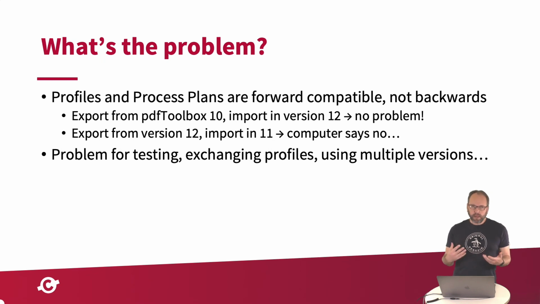And of course, if you have to maintain multiple versions of pdfToolbox for some reason, because in your company you are using multiple versions, or because you have customers who are using an older version, then that is a bit of a problem. And in pdfToolbox 11 and before that, there was really no good solution for that.